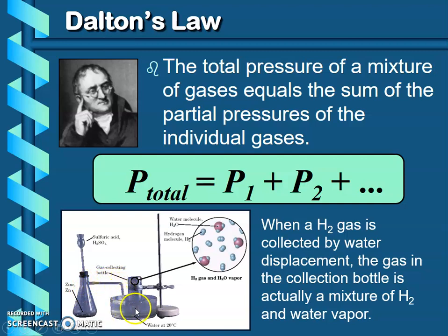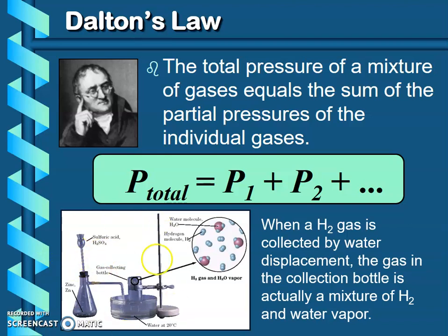It goes into this water container and it bubbles because it is a gas. As it bubbles, it rises up into this area here. And so it pushes the liquid water out. And so you know that as this fills up, it's filling up with hydrogen gas. But what also happens is that some of the water vaporizes. So some of the water becomes gas as well.